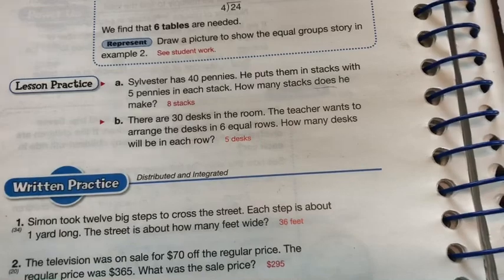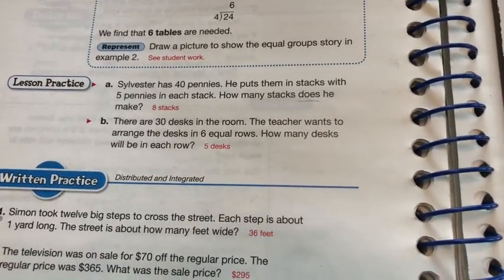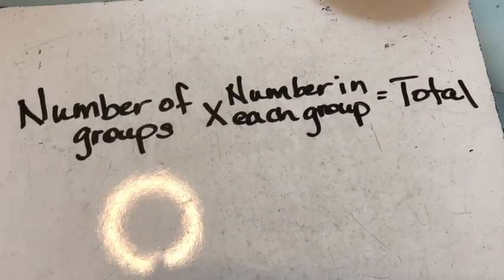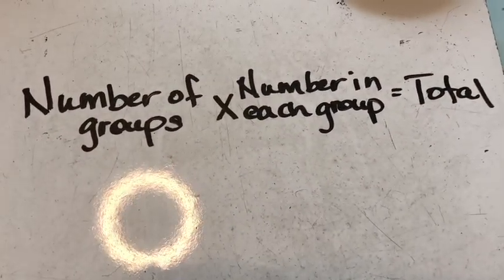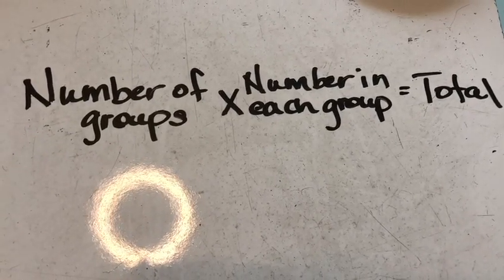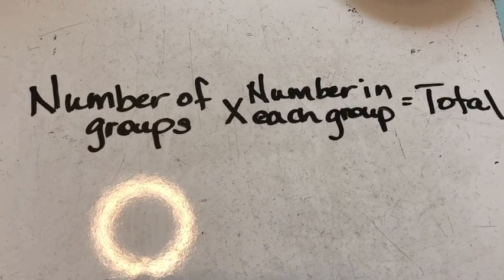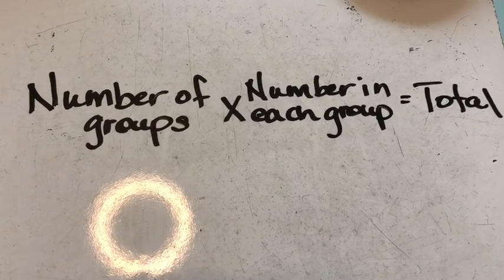It will help you to stay organized, and it'll be simple to plug those numbers in from this word problem. Over here I've written out number of groups times the number in each group equals the total. If we read it again, to try to figure out the number of groups, it says Sylvester has 40 pennies.